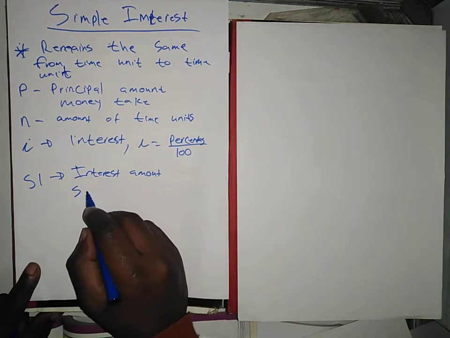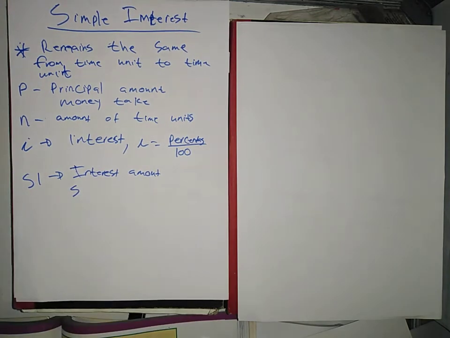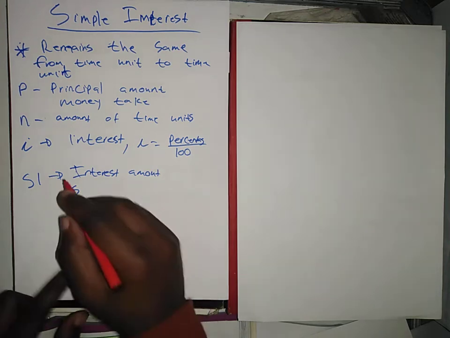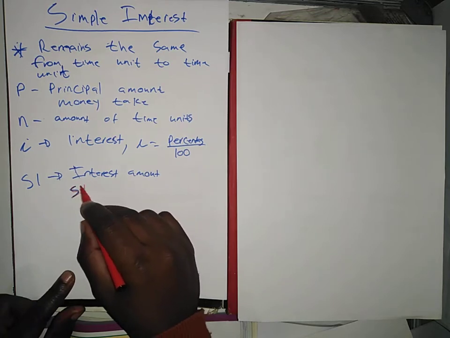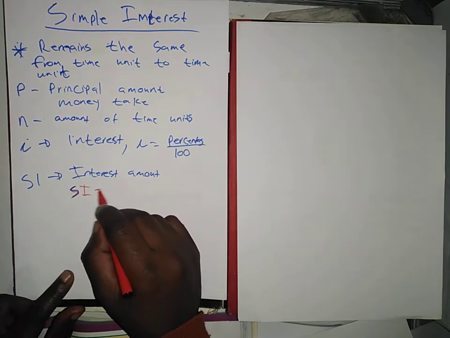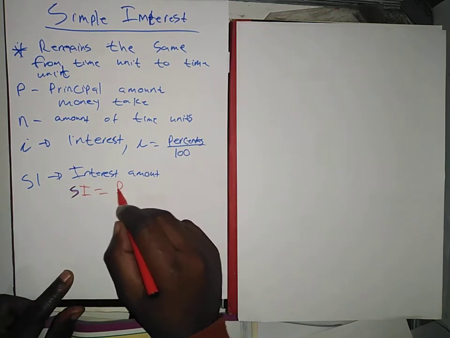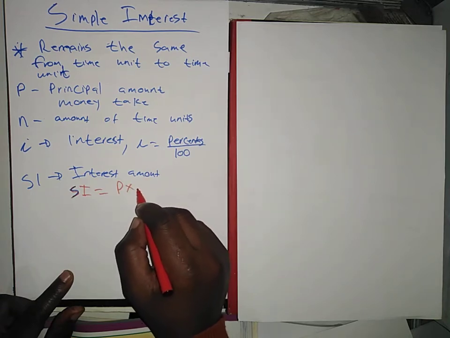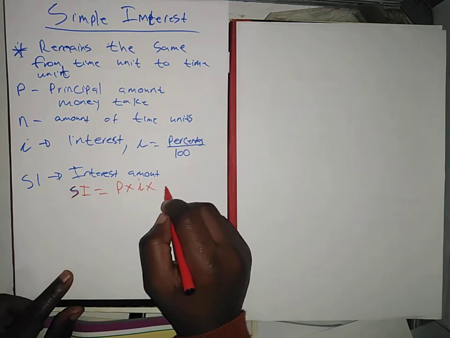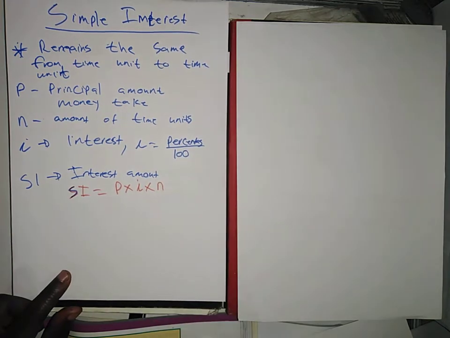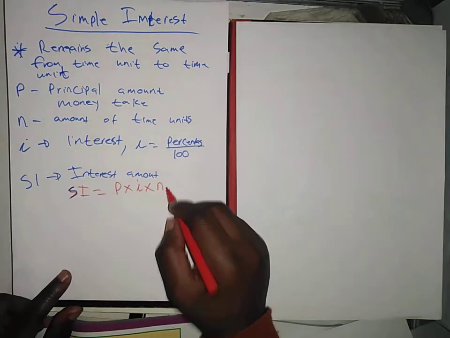Every time you want to find a simple interest, SI is equal to the capital amount, which is P, times the interest, which is I, times the number of time units that you have agreed to pay back that money, which is N.